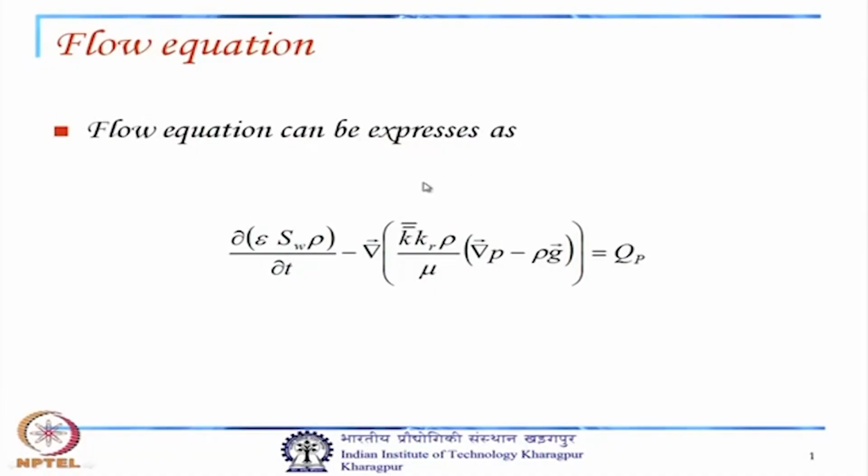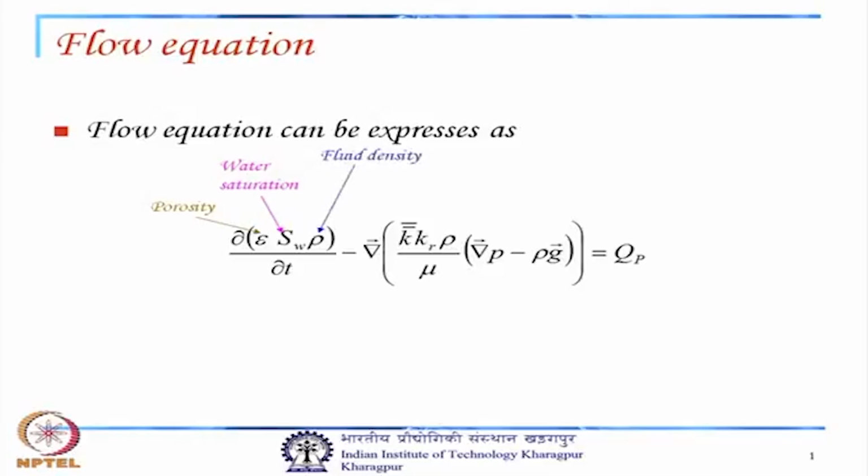So, the flow equation under modeling has got two components. One is the temporal component and the other two parts are spatial components. In this one, the first term, epsilon, is basically porosity, then we have water saturation and fluid density.